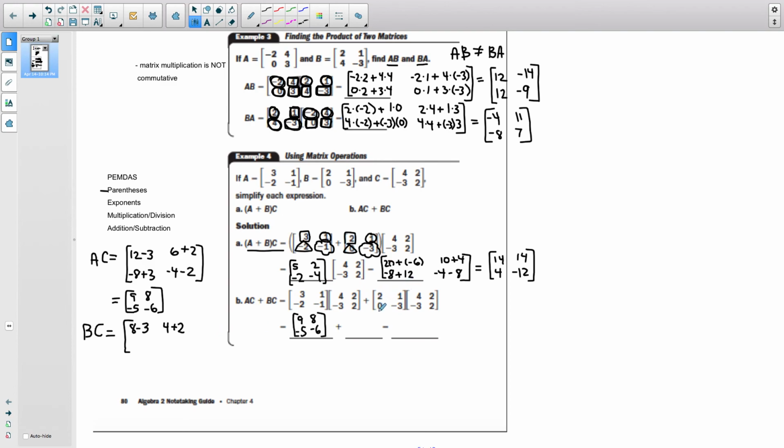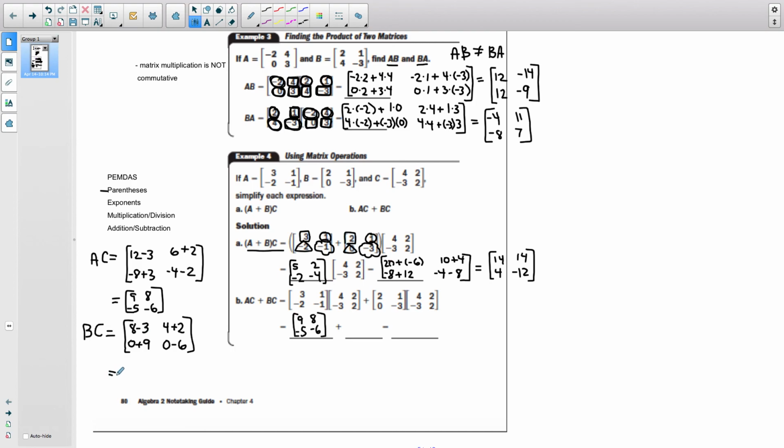All right, so now I'm on to the second row. So 0 times 4, which is 0. Negative 3 times negative 3, which is positive 9. All right, and then last row, last column, 0 times 2, which is 0. And then negative 3 times 2, which is negative 6.